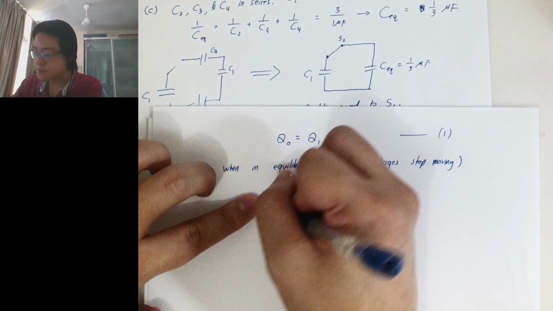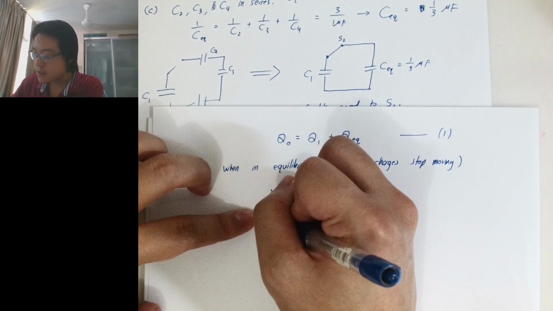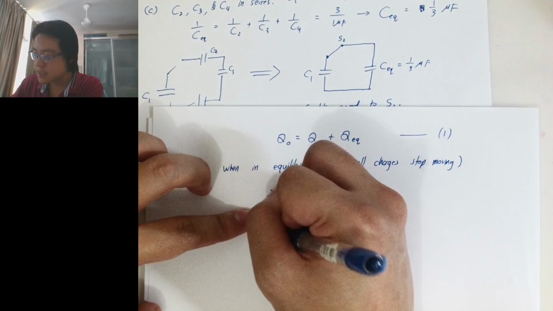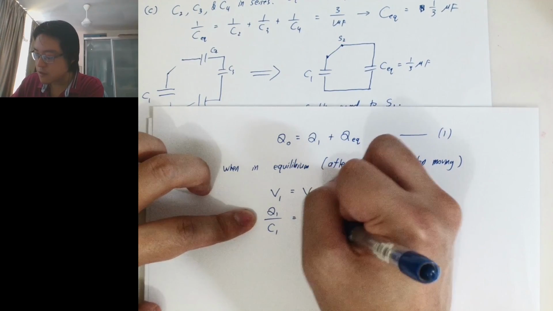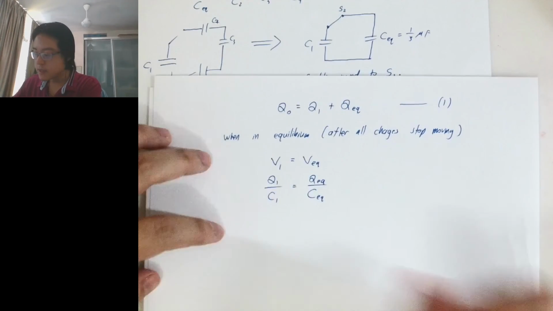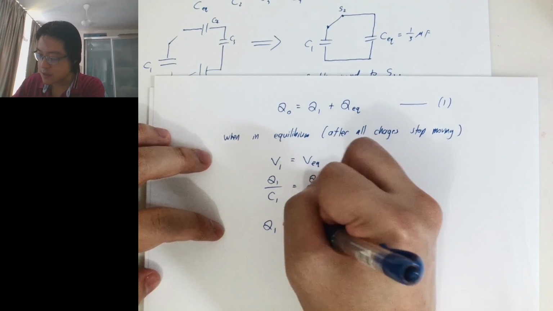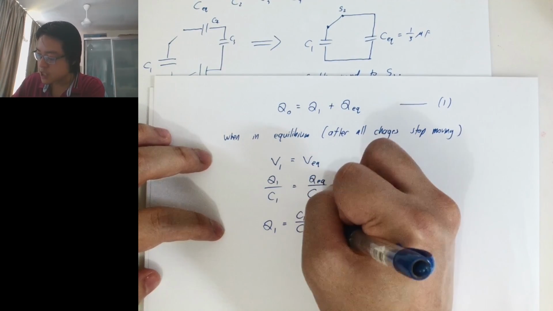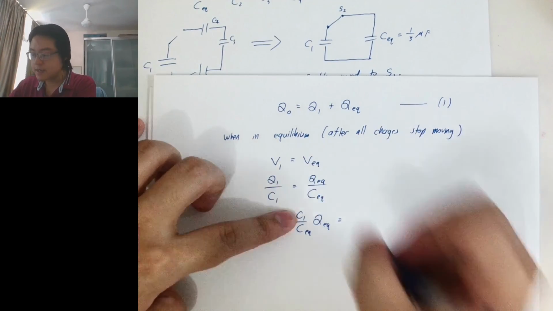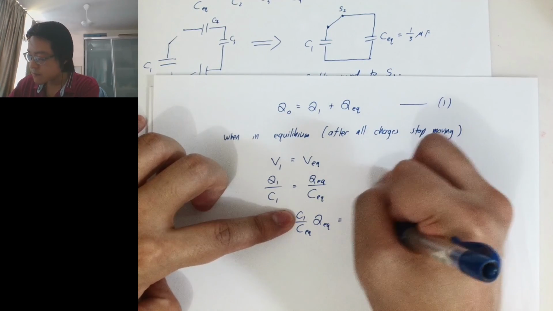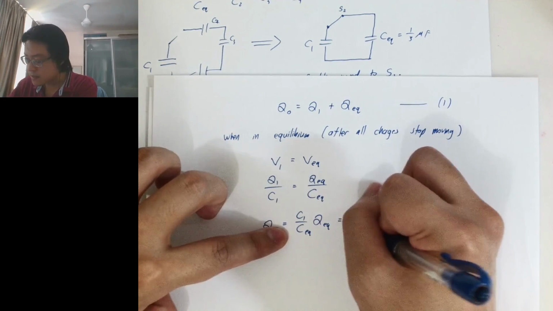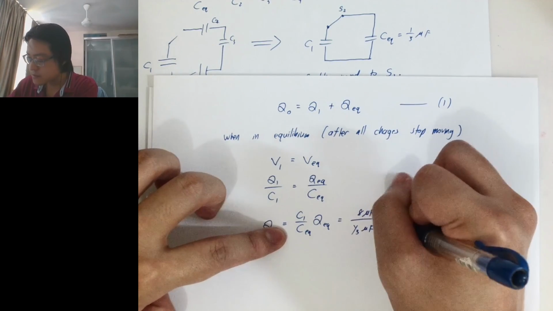So what is potential 1? Using the capacitor formula, it is Q1 over C1, and this is Q equivalent over C equivalent. So I have the second equation. C1 is 8 microfarad, and C equivalent is 1/3 microfarad.